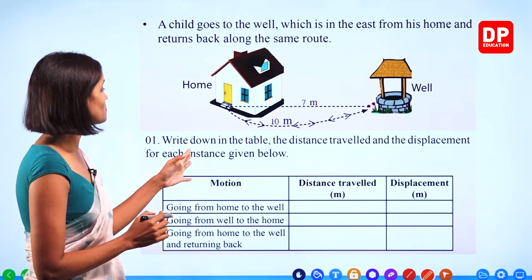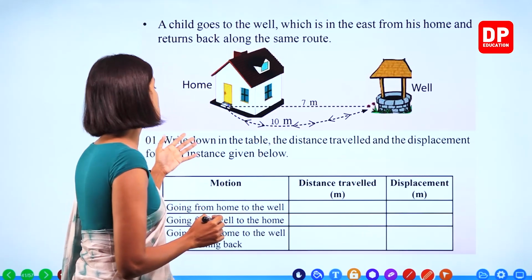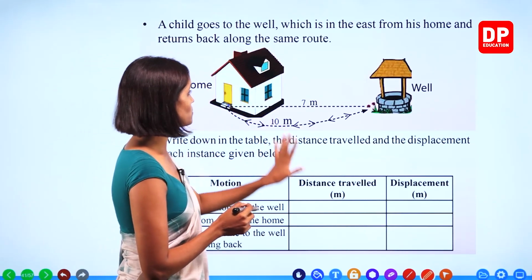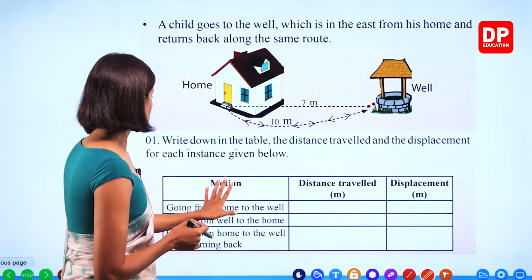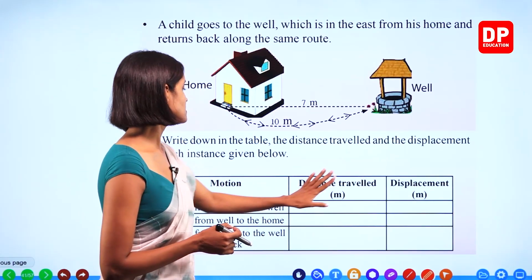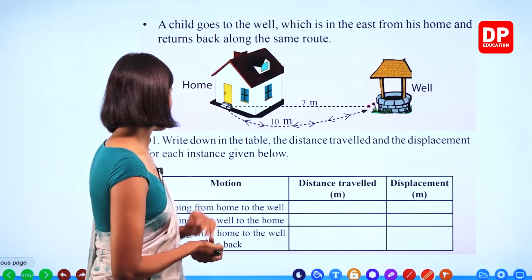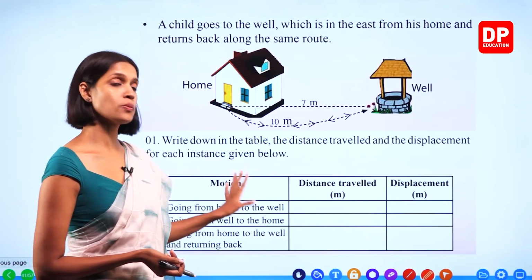Write down in the table the distance traveled and the displacement for each instance given below, right? By looking at this diagram, you have to fill in this table. So look at this motion given, distance traveled and displacement given in meters. We'll consider the first one, going from home to the well.